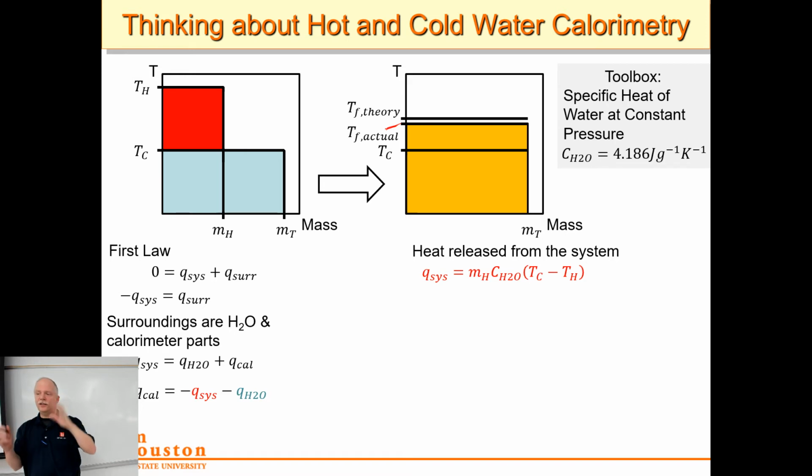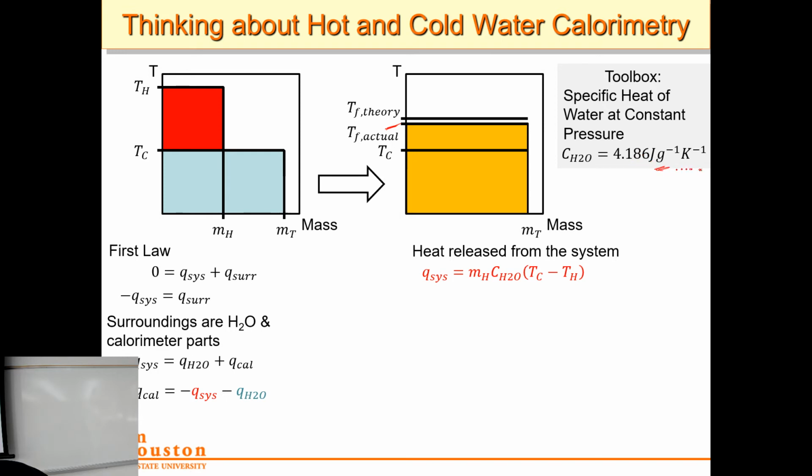And so we can do this conceptually. We can say, let's take all that excess heat out of the hot water and bring it down to the cold water temperature and set those joules aside. How many joules is that? Well, it's the difference in the temperatures times the heat capacity for water times the mass. Okay. So up here, this is our toolbox. We're going to just work in grams for this. So we're using the specific heat of water.